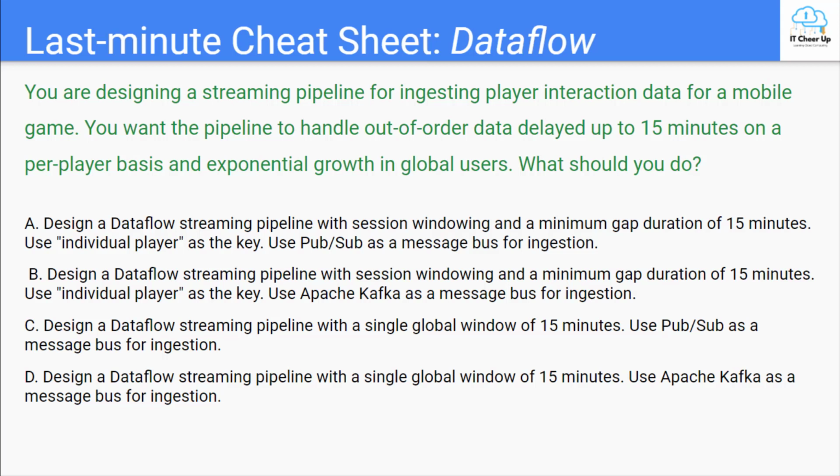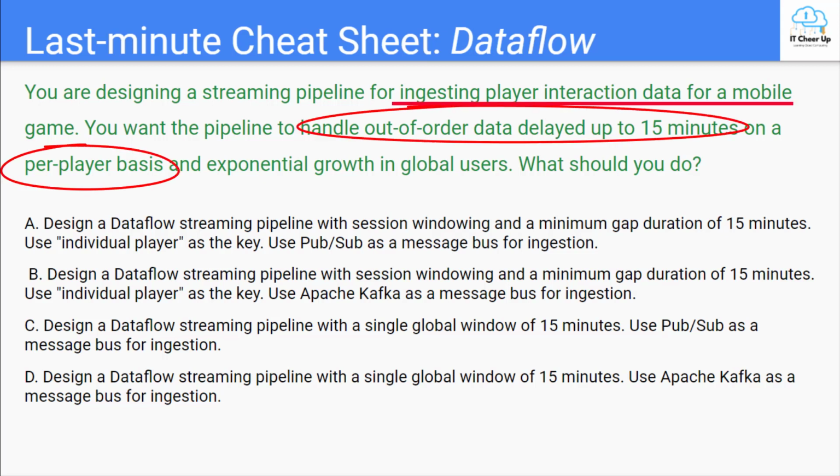Please read the question first, pause the video, and try to answer it yourself. Ready? I highlight the keywords of this question. Streaming pipeline for mobile game. Handle out-of-order data delayed up to 15 minutes. And on a per player basis.